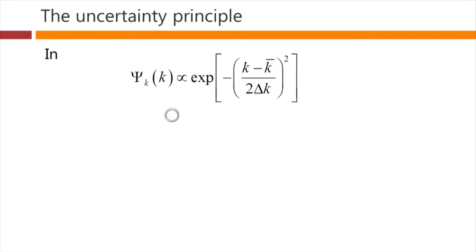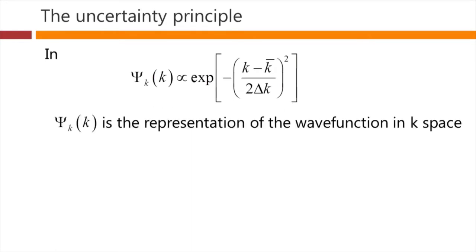We could say that psi sub k as a function of k is the representation of this wave function in k space. This is the set of amplitudes in k space of all of these plane waves. So this is just as good a representation of the wave function as the set of all of the amplitudes in real space.